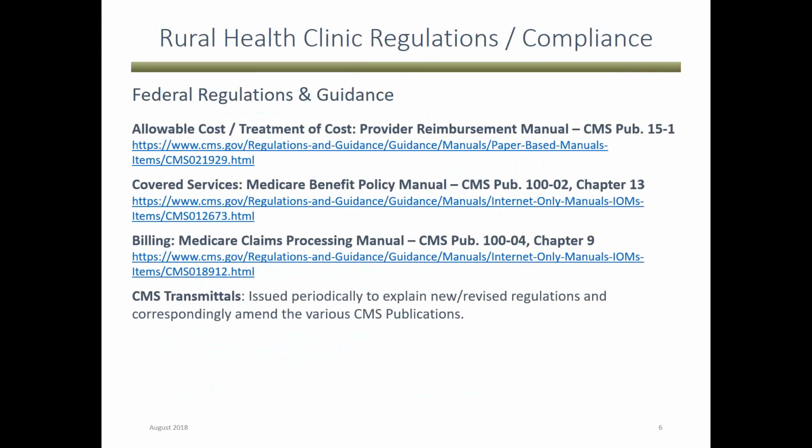So for example, if there was some change to covered services or a definition or a description intended for the Medicare Benefit Policy Manual, there would be a CMS transmittal specifically referring the publication that you see there above in Chapter 13. And these are issued as often as changes, amendments, new regulations come through.